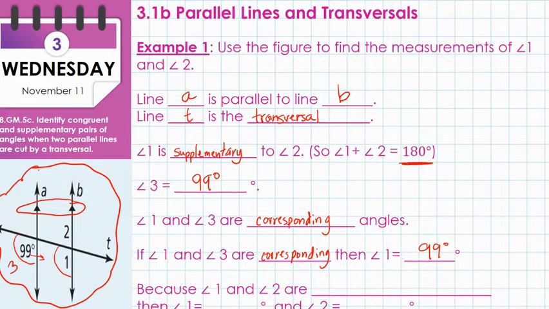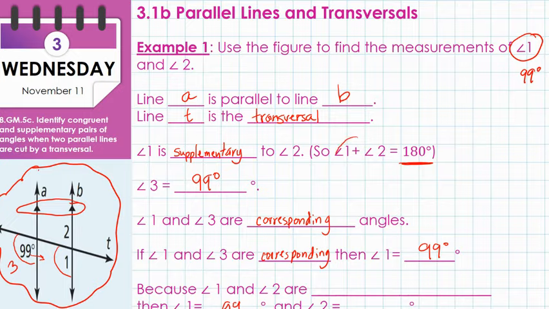So angle 1 is 99. So because angle 1 and angle 2 are blank, then angle 1 equals, we know that angle 1 is 99 degrees. So how do I find angle 2?